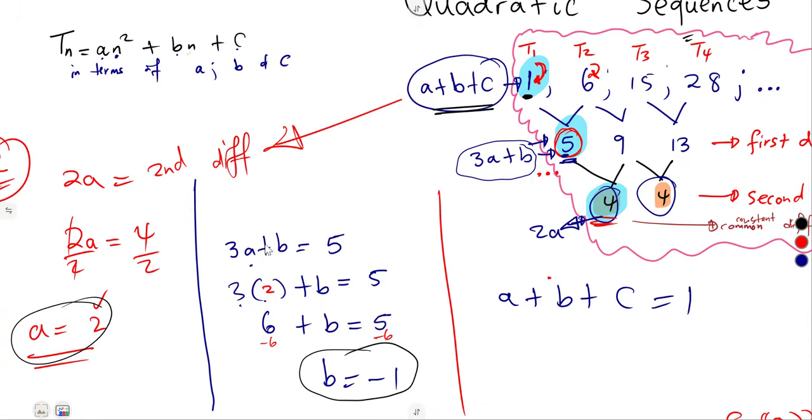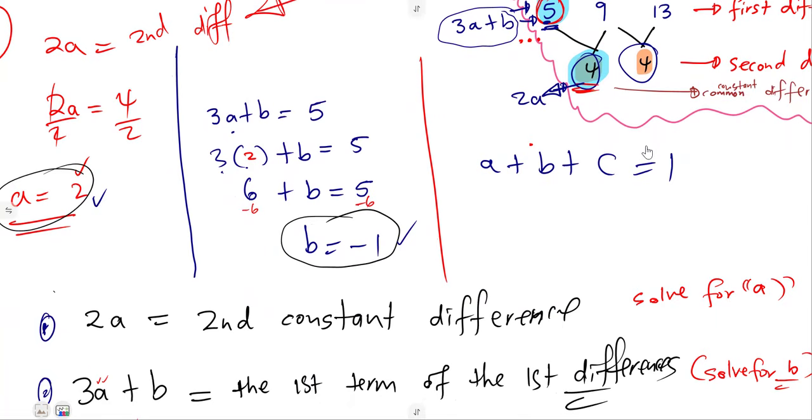Remember, you had already solved for a and for b. Just substitute. You have those values. So in place of a, you're going to substitute 2, plus we have our b, which is negative 1, plus c is equal to 1.